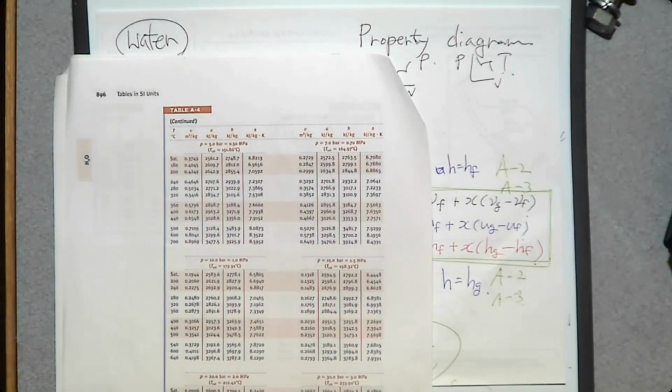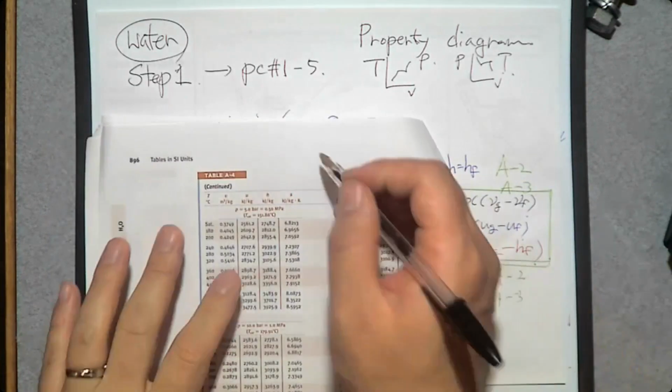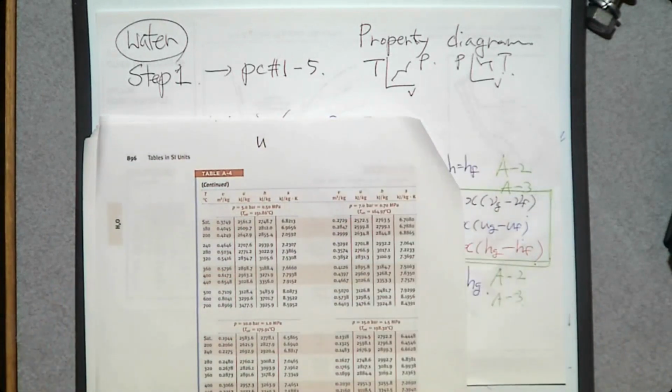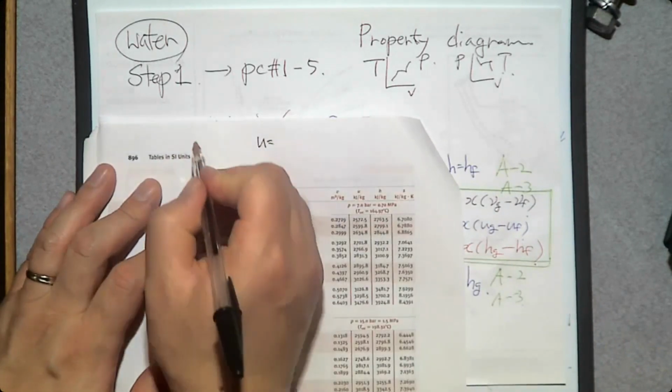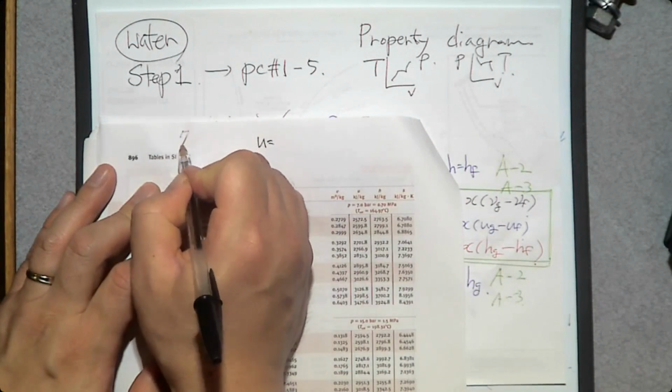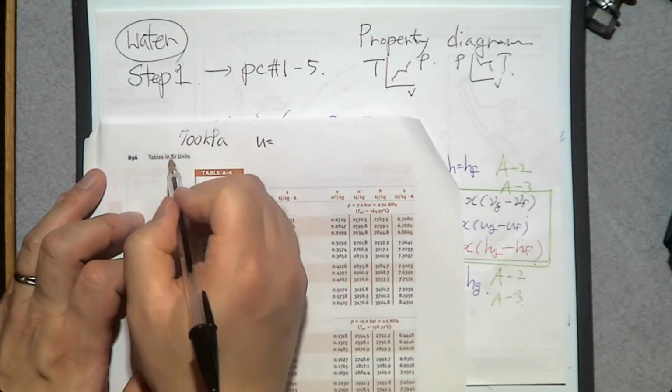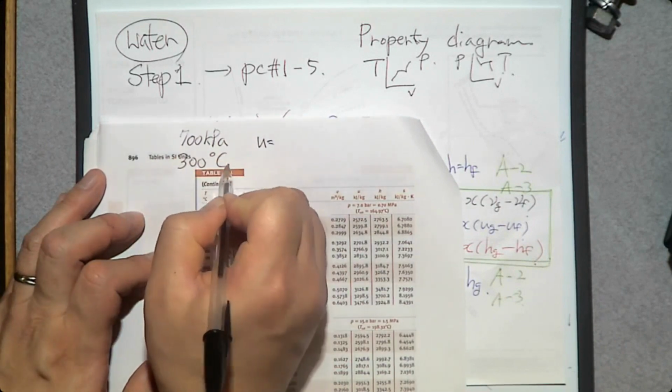Let's say I want to determine the internal energy U of water whose pressure is 700 kilopascal, and temperature is 300 degrees Celsius.